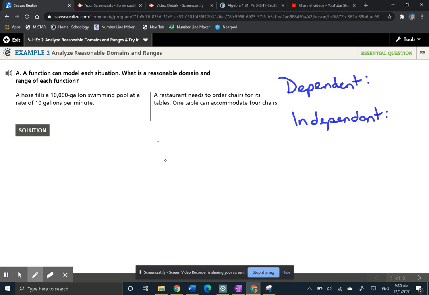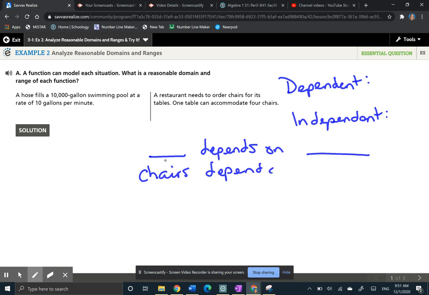So restaurant, let's say blank depends on blank. The chairs depend on the tables.